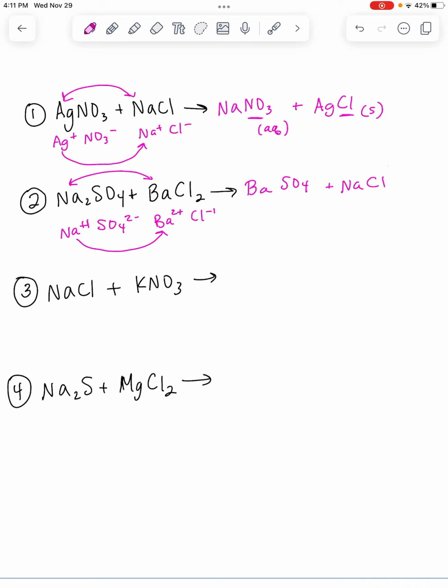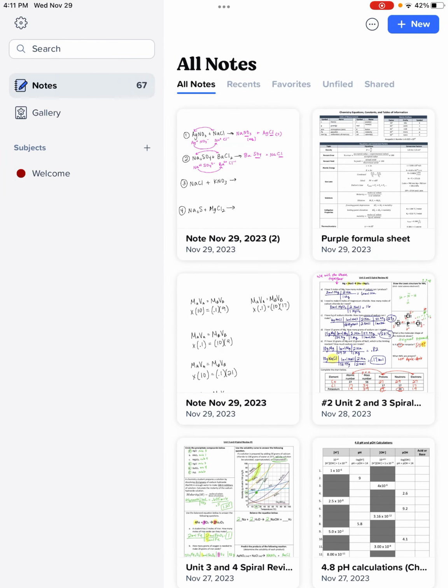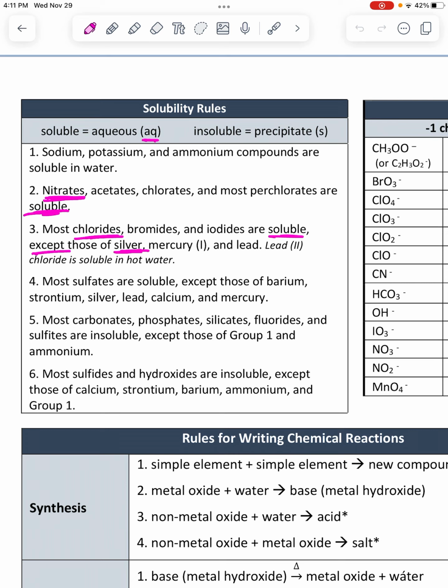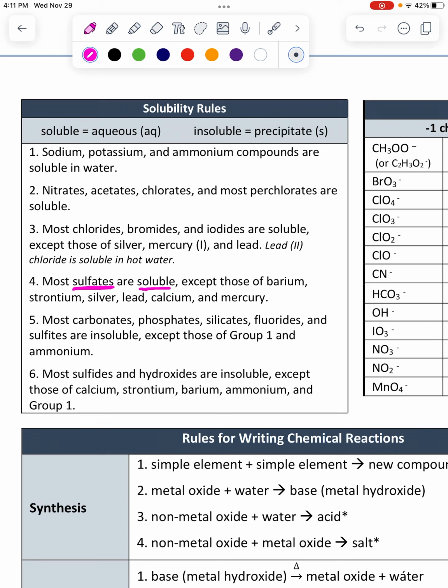So now I'm ready to look for my solubility. So this is a sulfate and this is a chloride. So I'm going to find my rules on sulfates and chlorides, and I'll try to erase this other stuff so it's not confusing. So here's sulfates. It says sulfates are soluble except barium. So my first one is insoluble.